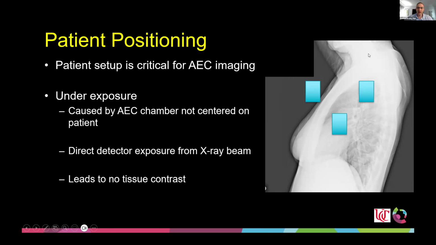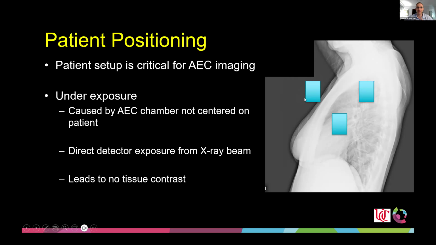And here is an example of when setting up the patient for AEC can lead to poor image quality. In a typical lateral chest radiograph, you would normally select the center cell to operate and choose the right mAs for the exposure. But in this case, the technologist accidentally left the left and right cells selected, and when they acquired the image, this left cell, which was directly over the detector, immediately caused the system to shut off because the detector measured a high level of radiation.